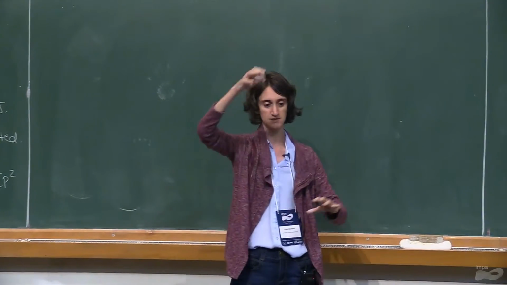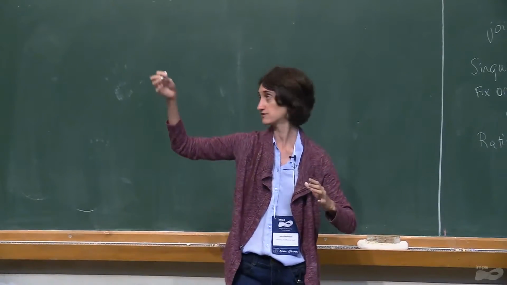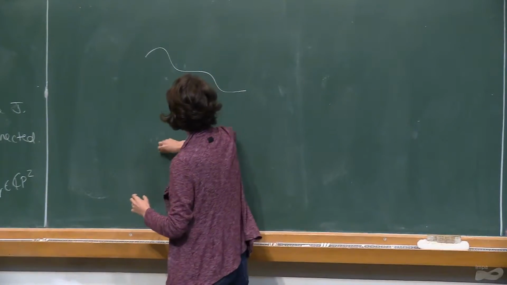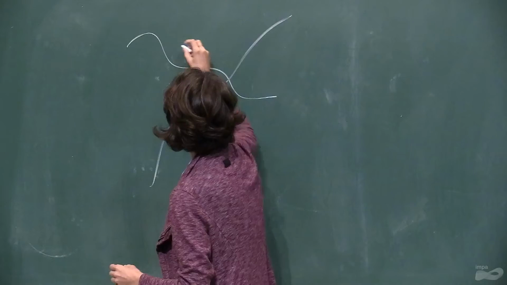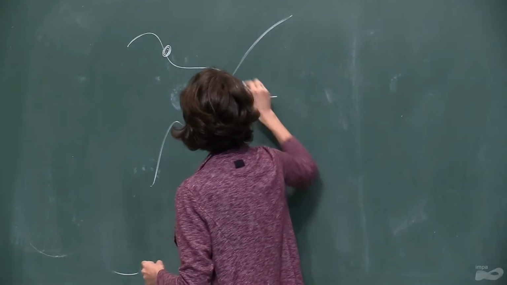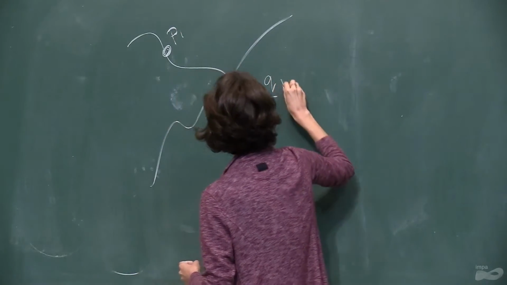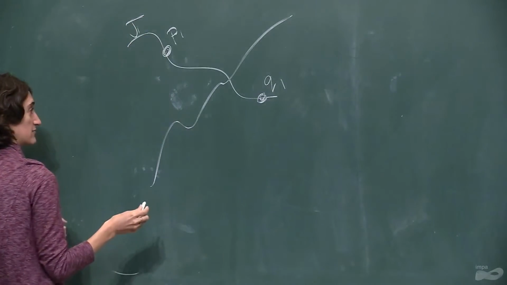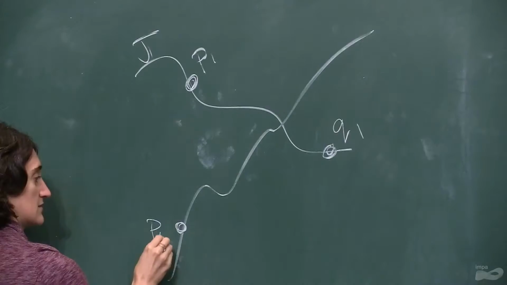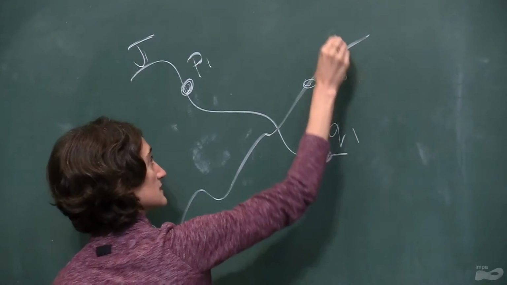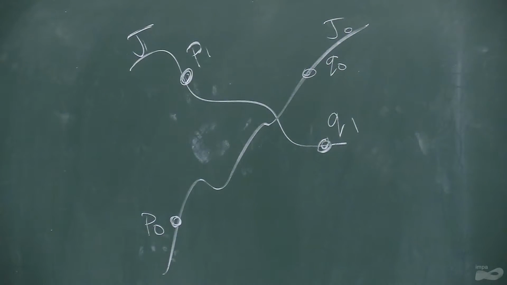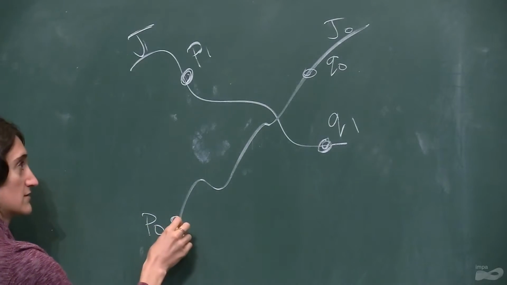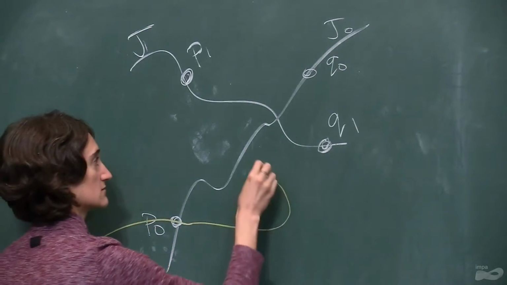So if I have two symplectic degree 1 curves, one over here and another over here, then maybe I pick my 2 points here, P1, Q1, and this is J1 holomorphic, and here I have P0, Q0, and this is J0 holomorphic. So I'll maybe first go from J0 to J1, looking at curves through these 2 points, P0 and Q0.